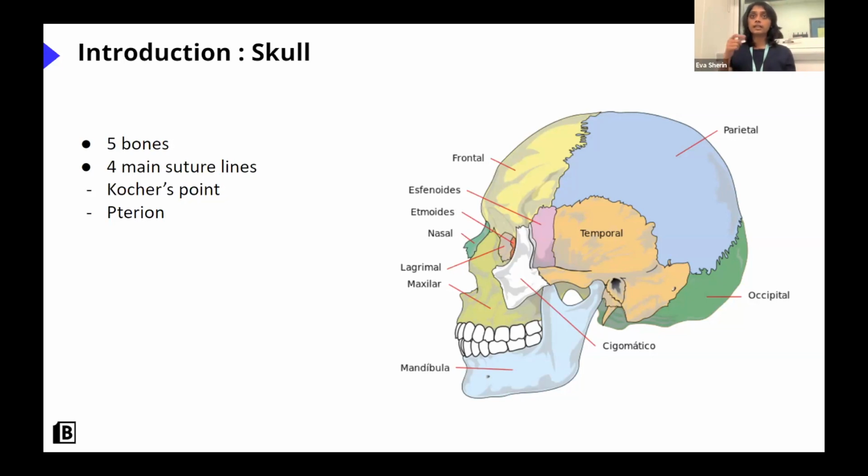And then you feel for your coronal suture right there, and imagine 1 centimeter from the coronal suture anteriorly and 3 centimeters from your midline. So you go up like that, 3 centimeters there and 1 centimeter in front of your coronal. That is where your Kocher's point is, and that is where you will ideally put your ICP bolt or your burr hole. I hope you understood that. If not, you can always ask me a question in the end.